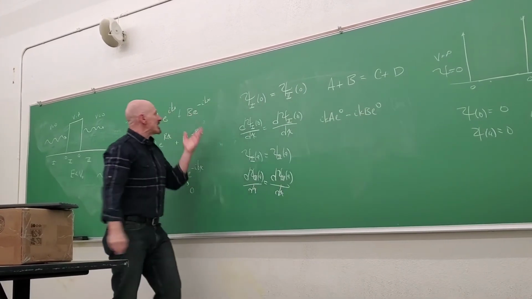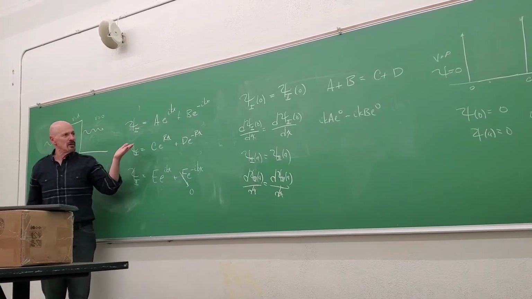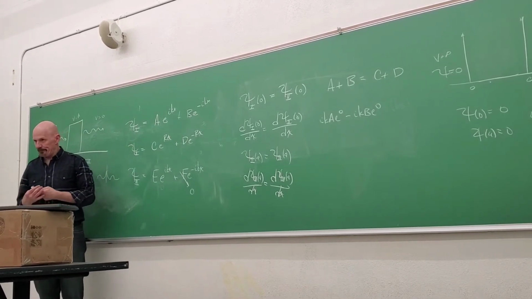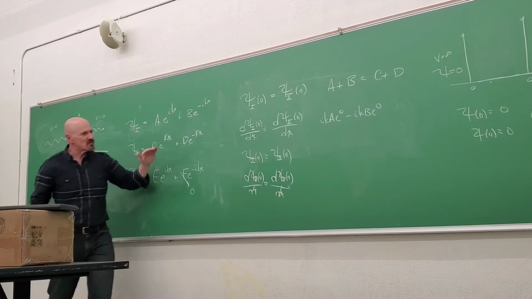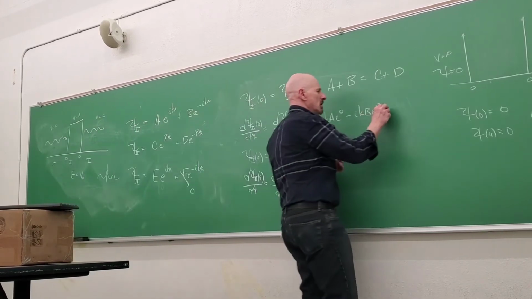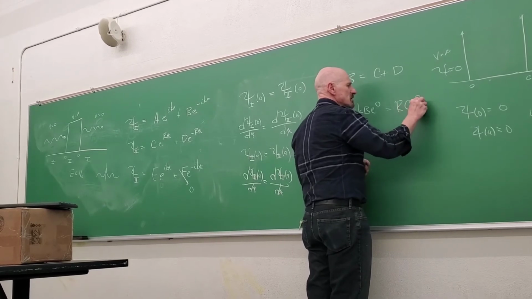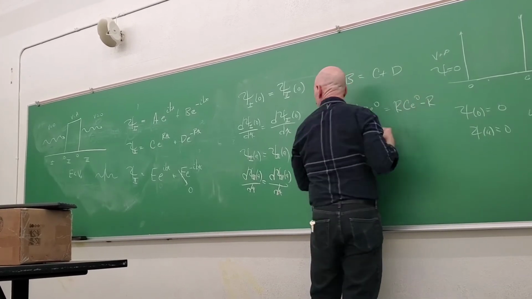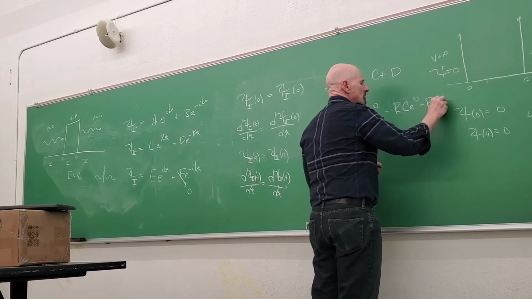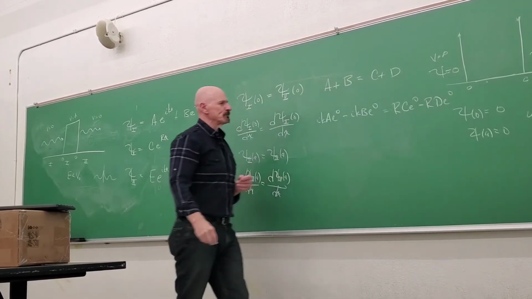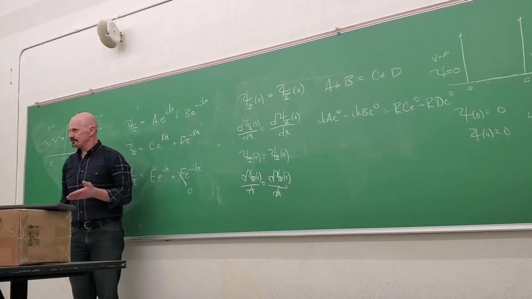That's the derivative of this, evaluated at 0, has to be this, which is RC e to the 0 minus RD e to the 0. So you see how that works.